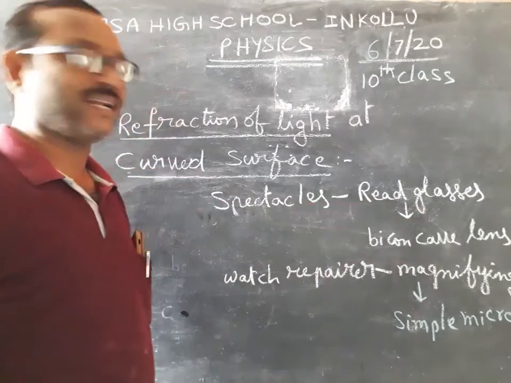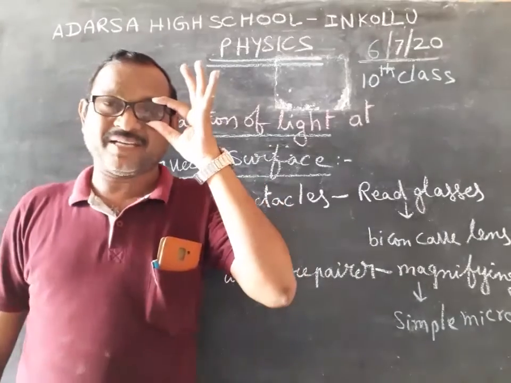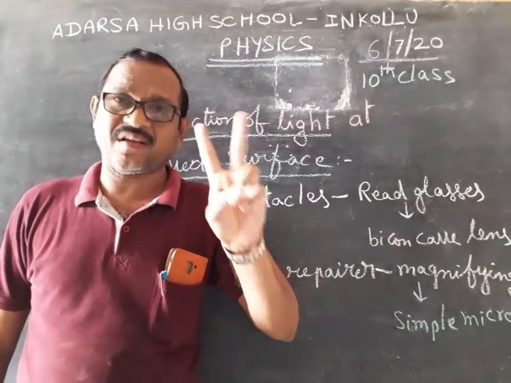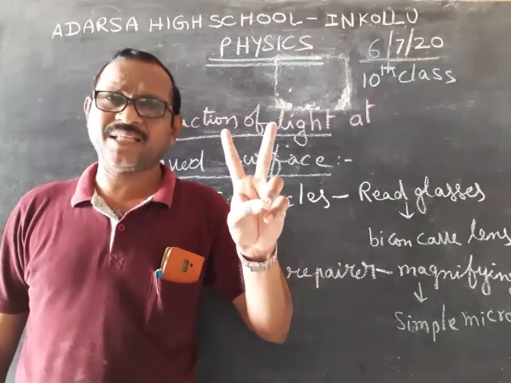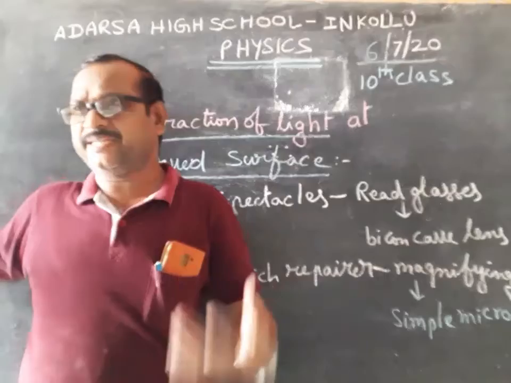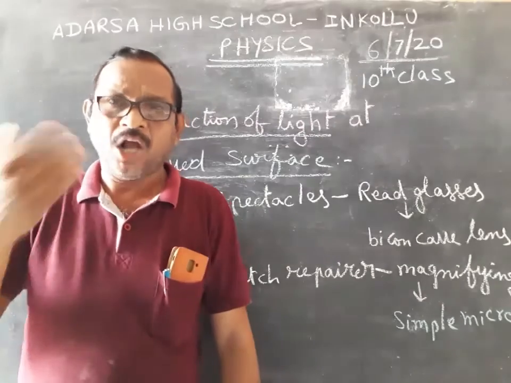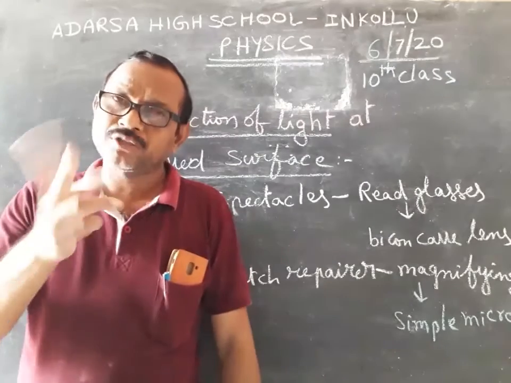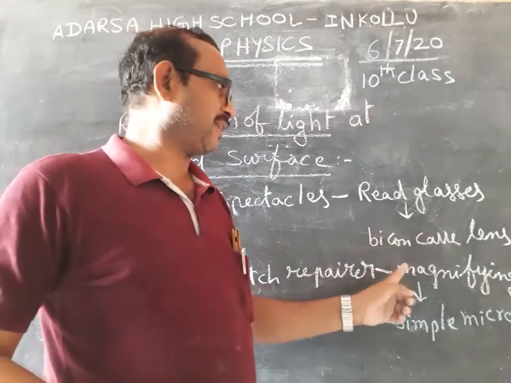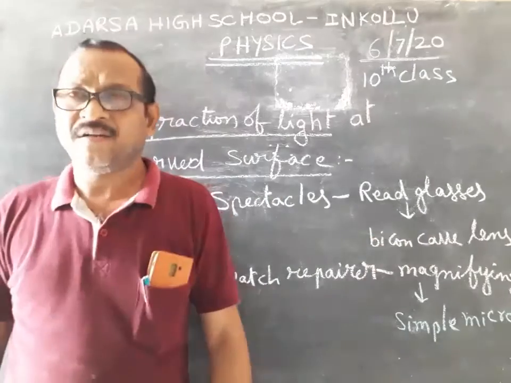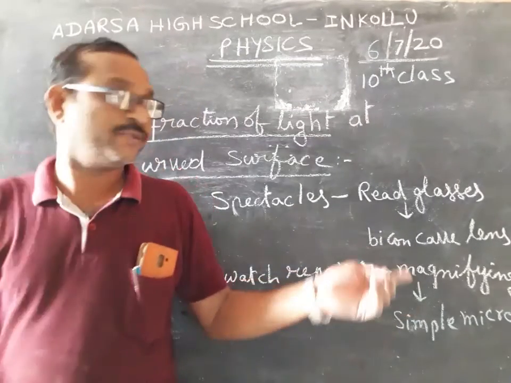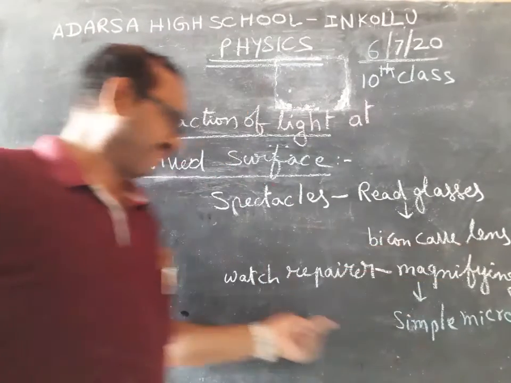Spectacles are used for two types of defects: one is short sight, another is long sight. Either short sight or long sight, both are cured by spectacles only. One is known as the reading glasses, which is common. In reading glasses they use the biconcave lens.